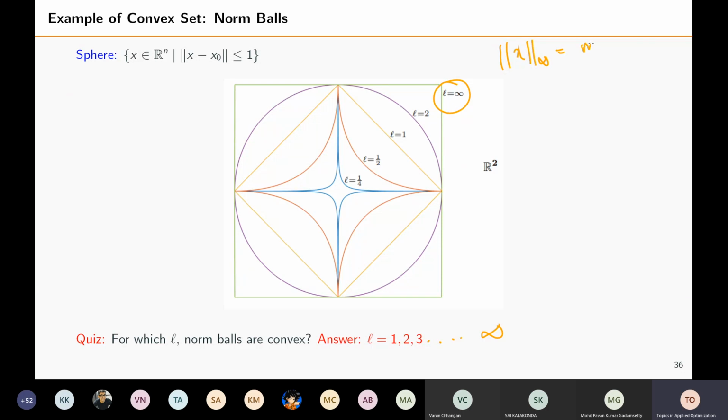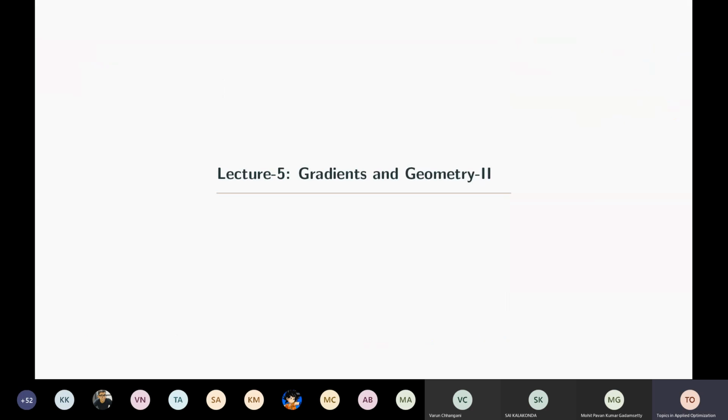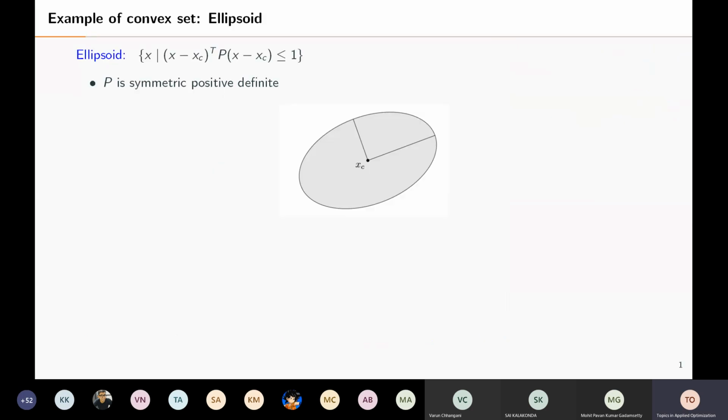It is defined as the max of the absolute values of x1, x2, up to xn. So you take the maximum of the absolute value of the components, and that is defined as the infinity norm. If you plot this, you will get this square-like thing. Okay.